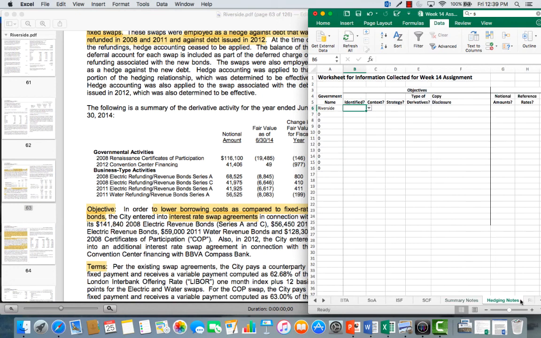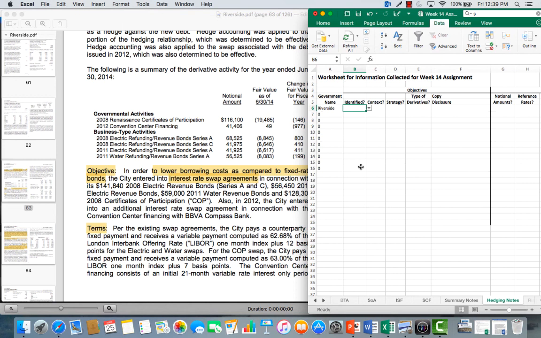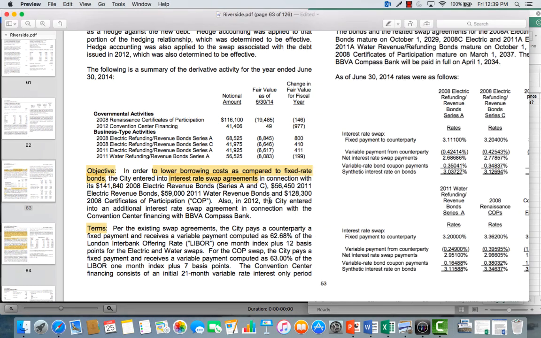The next tab is disclosure specifically related to their hedging derivatives. And one of the things that they're required to disclose is information about the objectives. And you can see there's a paragraph right here related to the objectives. So yes, they have identified the objectives, in this case to lower borrowing costs as compared to fixed rate bonds.